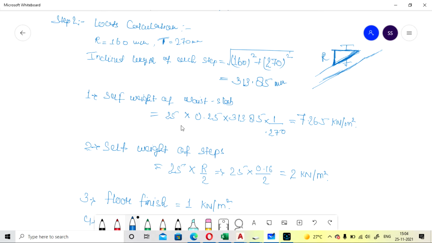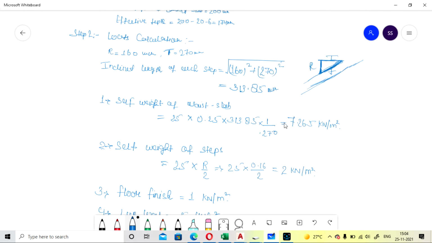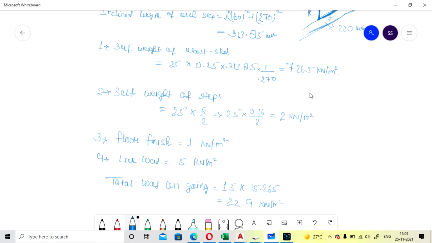That is per meter of tread, per tread value. So our self weight will be calculated as 7.265 kilonewton per meter square. Sorry, this is 250, we have already assumed, so this is 0.25, the thickness of your waist slab. So our total self weight for the waist slab is 7.265 kilonewton per meter square.